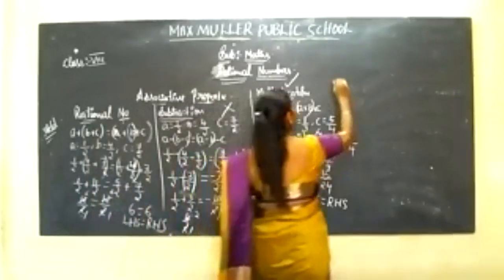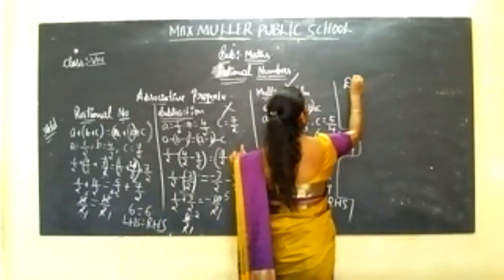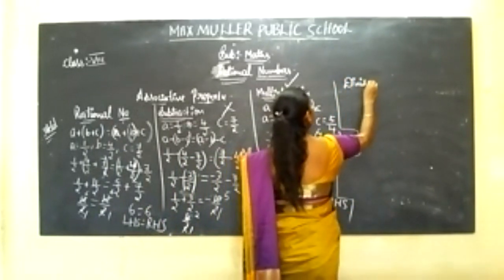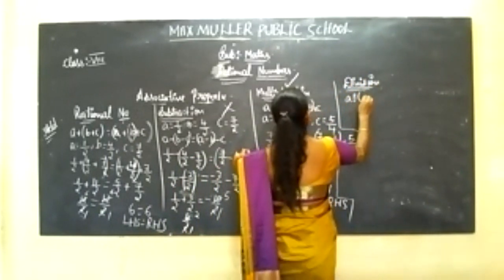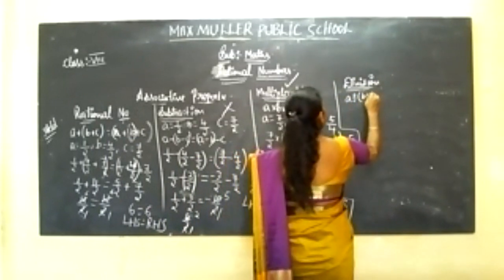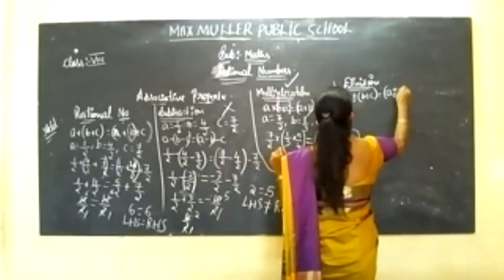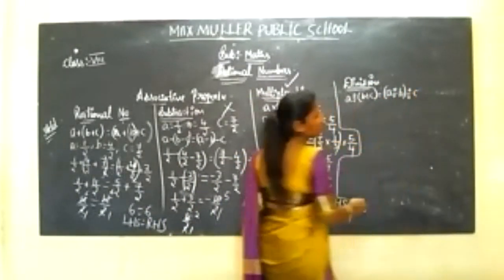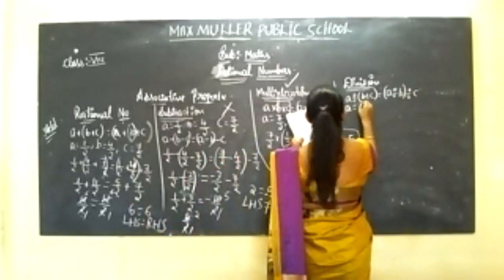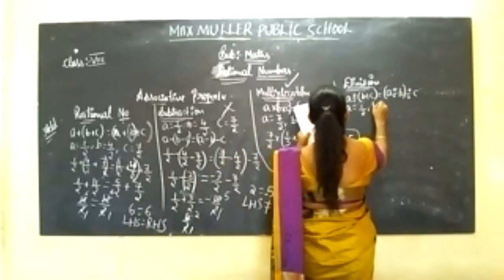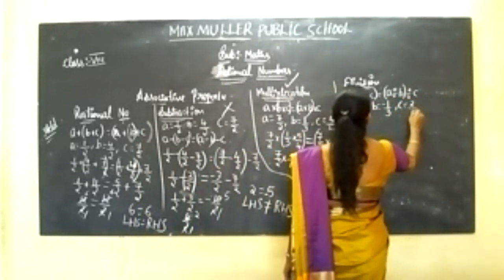Okay. Now coming to division. We'll try for division. So A divided by B divided by C is equal to A divided by B divided by C. Okay, we'll substitute the values. A is equal to 1 by 2, B is equal to minus 1 by 3, C is equal to 2 by 5.